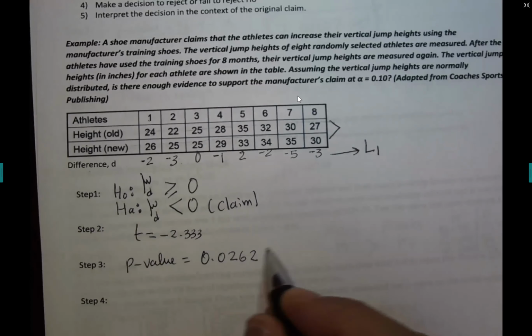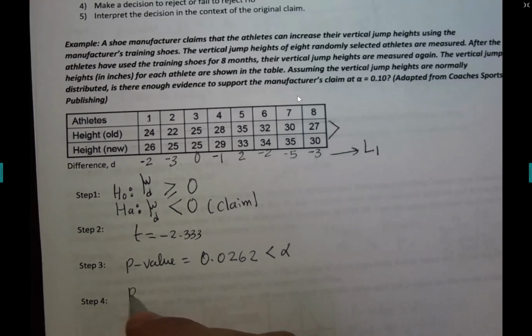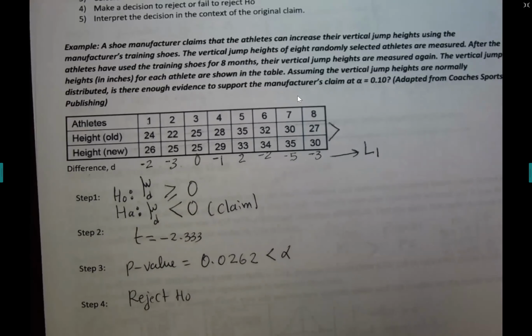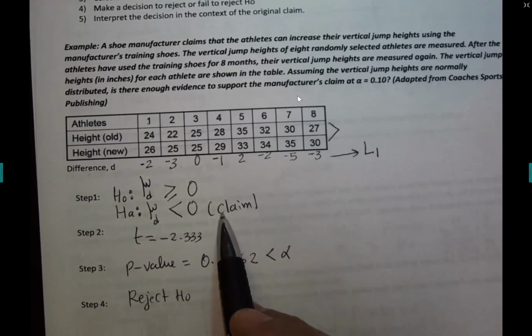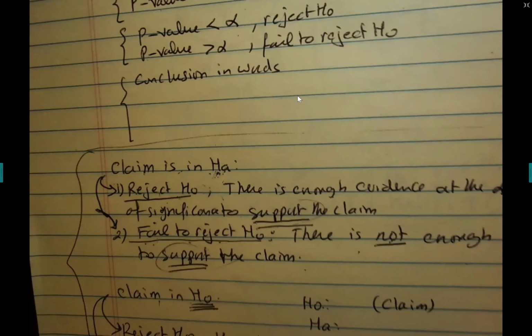Step 4, what's alpha here? 0.10, so the p-value is less than alpha. We reject H0 because the p-value is less than alpha. Your claim is in HA, guys, and you reject H0. If I show you my yellow sheet, it says if the claim is in HA and you reject H0, you support the claim.